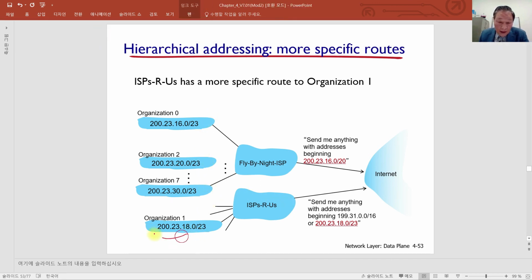Moving to another area, that should be advertised properly to get the destined datagram from the internet. Send me anything with these addresses. This one was the same as the previous one, and this one is moved to here, and this one is advertised.